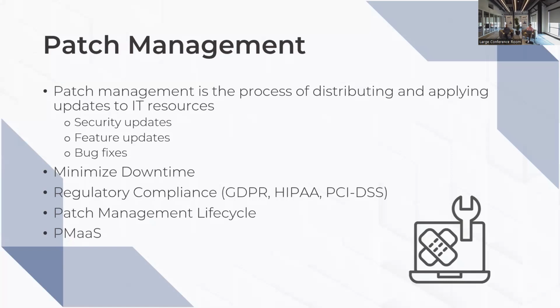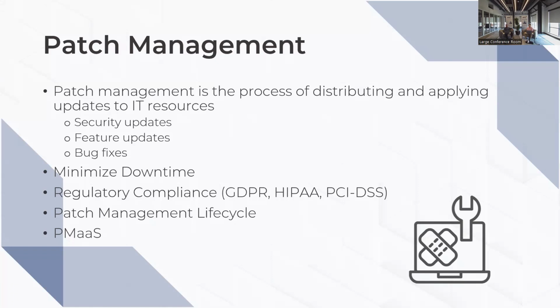Our last technology, or solution, is patch management. This is the process of distributing and applying updates to IT resources, whether it's third-party applications, operating systems, mobile devices, or remote or on-premise endpoints. There are three different types of patches here.